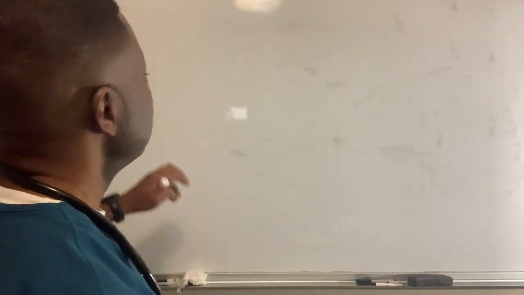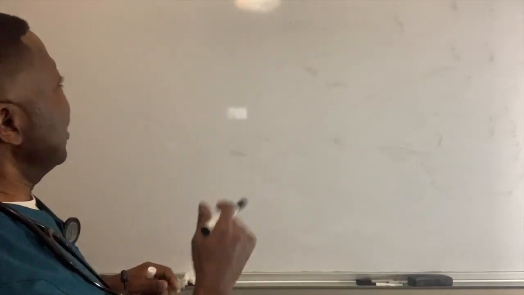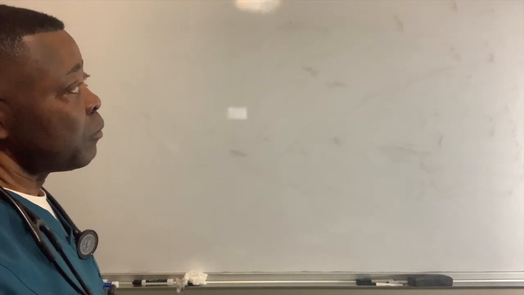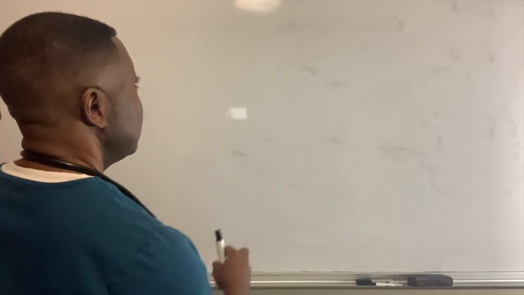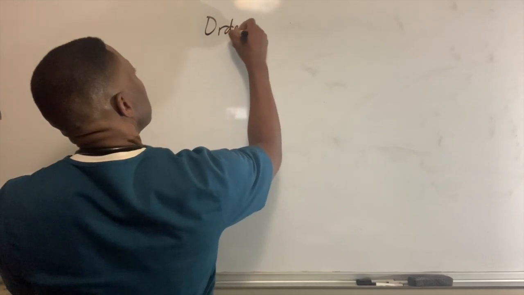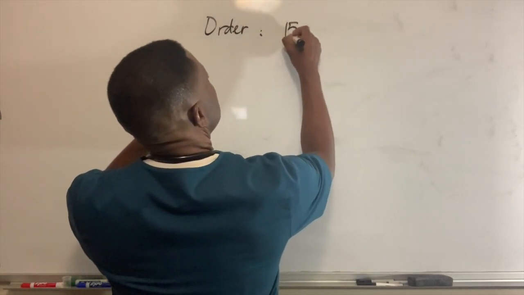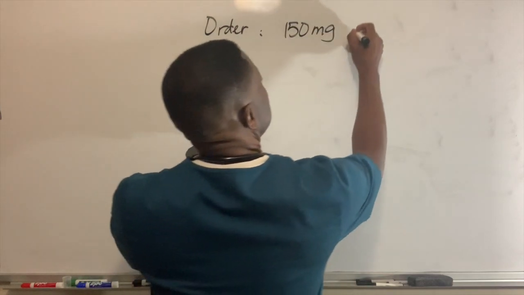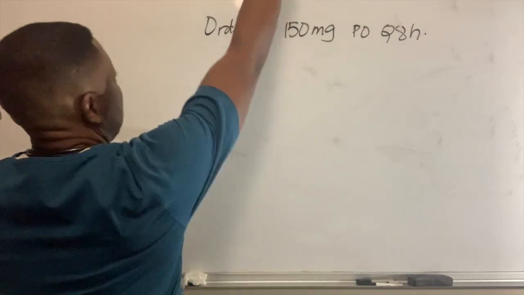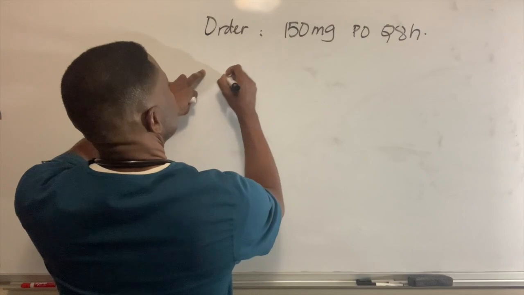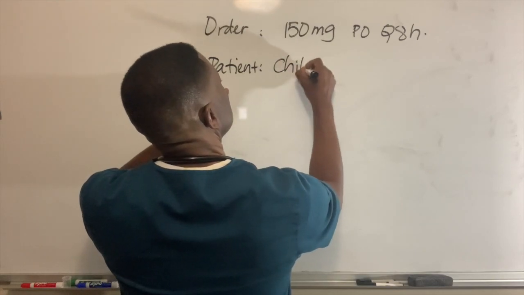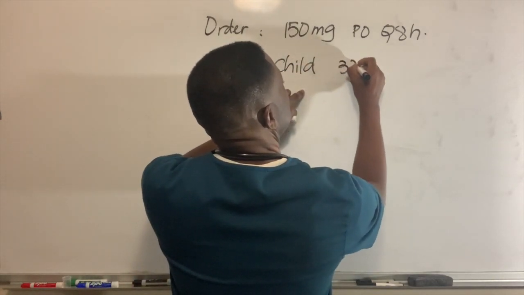So you have an order to administer 150 milligram PO every 8 hours to a child, let's say a patient, a child weighing 33 pounds.